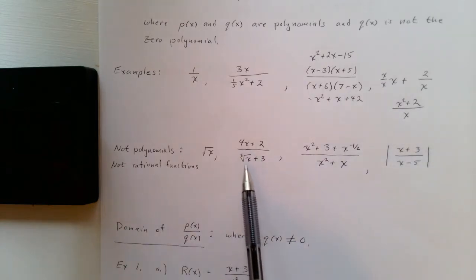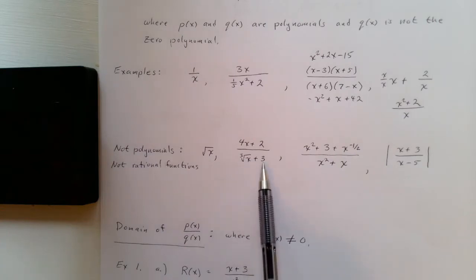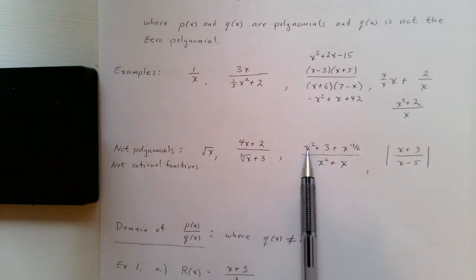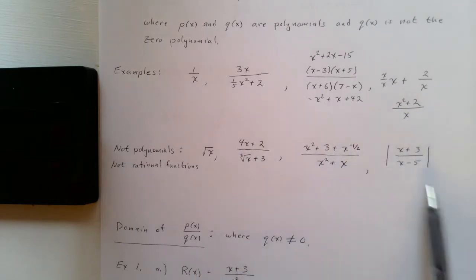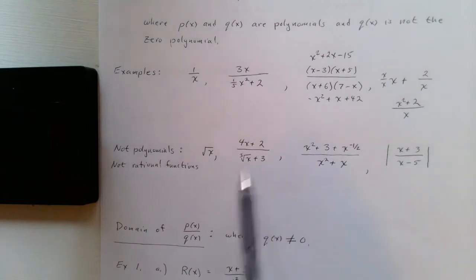Here, this denominator is not a polynomial because of the cube root of x. Over here, this numerator is not a polynomial because of the negative 1/2 exponent. And of course, anything with an absolute value can't be a rational function. So none of these are rational functions because they have to be fractions of polynomials.